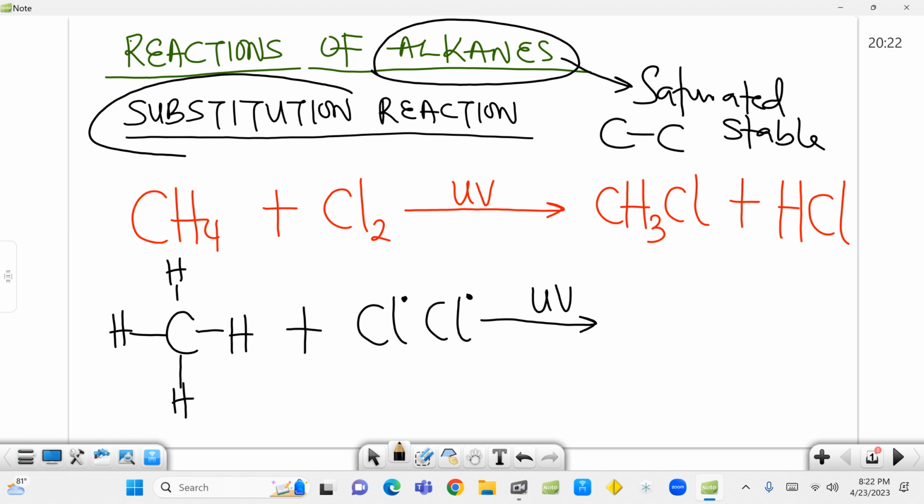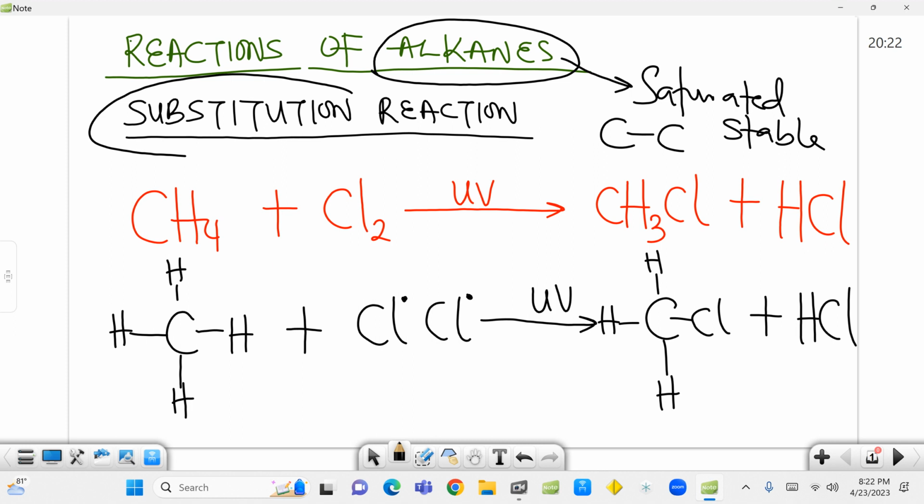We should produce chloromethane, which is this substance right here. The hydrogen atom has been replaced with the chlorine atom, and we have chloromethane and hydrogen chloride gas.